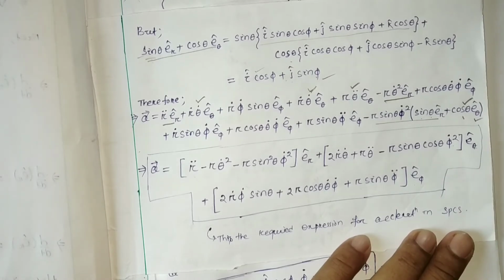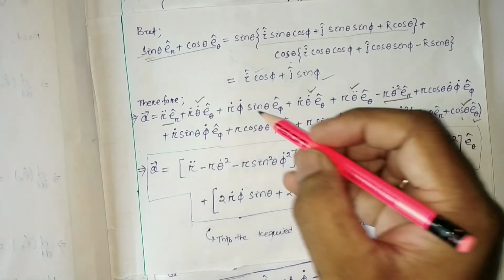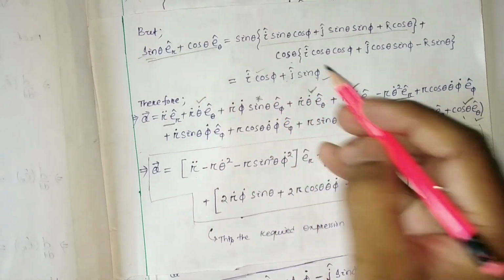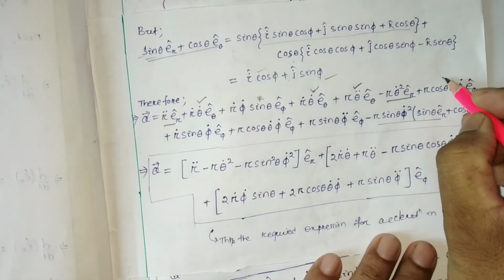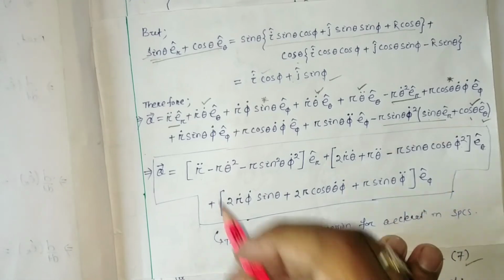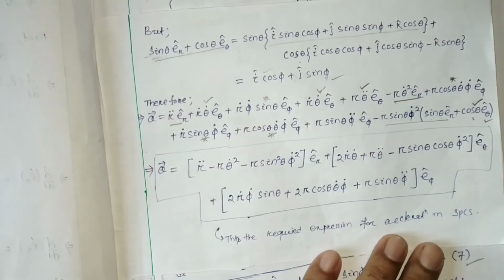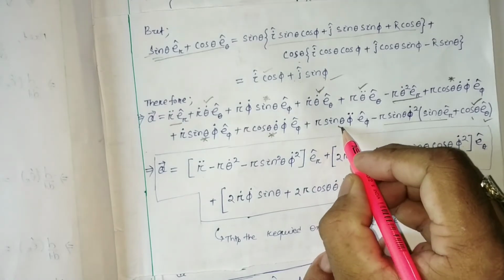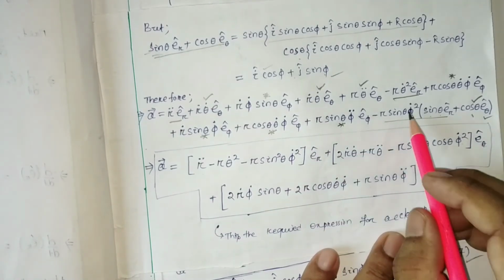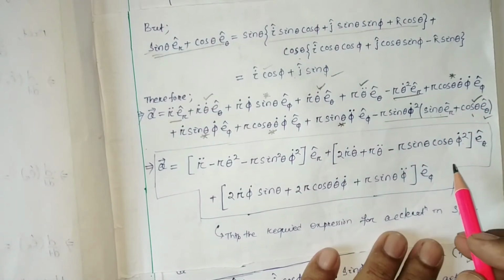Now the rest of the terms belong to e_phi cap. This is one term e_phi cap, this is another term e_phi cap, this is another, another, and this is also another term e_phi cap; and these two terms are already written.